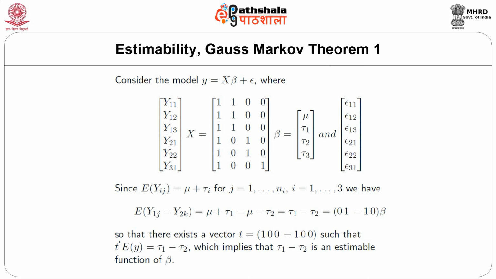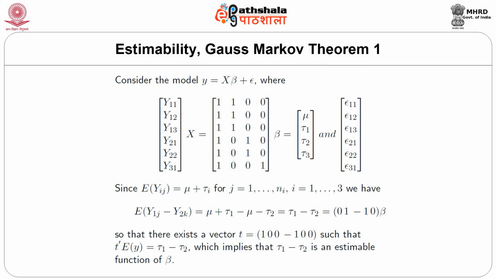Since the expected value of yij equals mu plus tau i, for j equal to 1 to ni, i from 1 to 3, we have the expectation of y1j minus y2k equal to mu plus tau 1 minus mu minus tau 2, equal to tau 1 minus tau 2, equal to 0 1 minus 1 0 times beta.